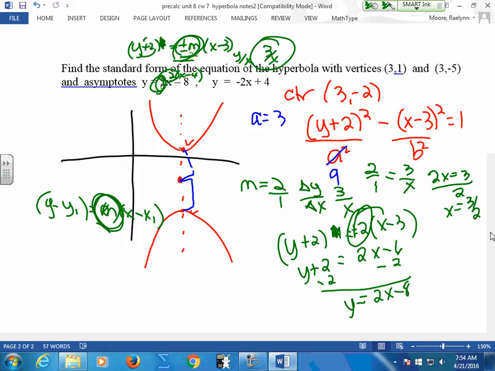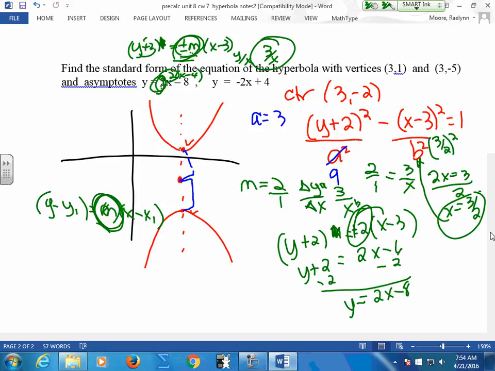Okay, so where do I put this? In the denominator of b, right? Weren't we finding b? Yeah. We just called it y and x right now because we dealt with the slope. But the slope says what is under the y? The y is a, and then the x is b. So we just found b. So this is 3 halves squared.